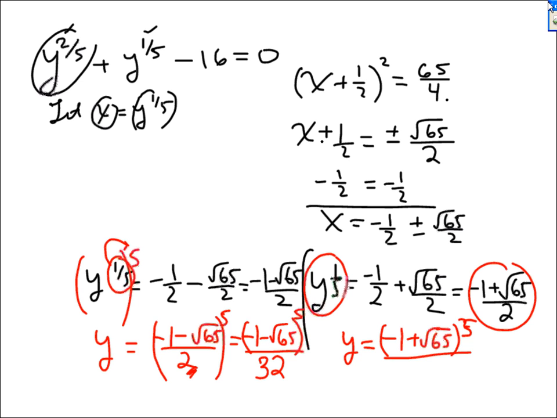Raise the denominator to the fifth power, you get 32, 2 times 2, 5 times. And that finishes this problem, this section.